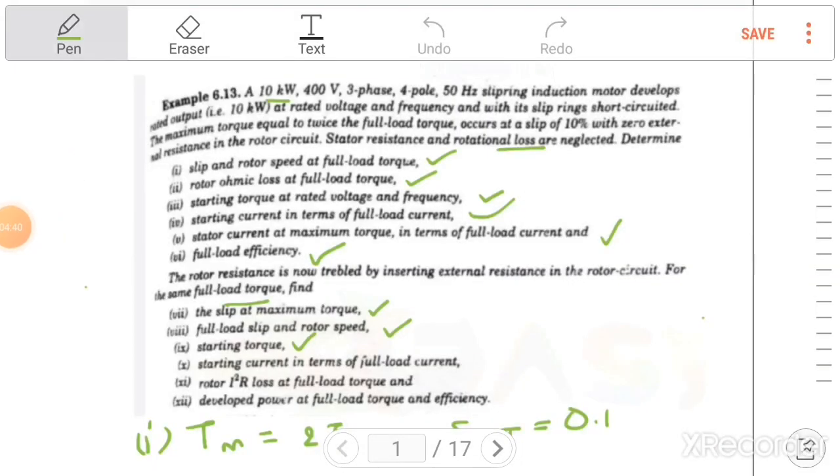In the 10th part of this problem, starting current in terms of full load current is asked when rotor resistance is increased to 3 times.